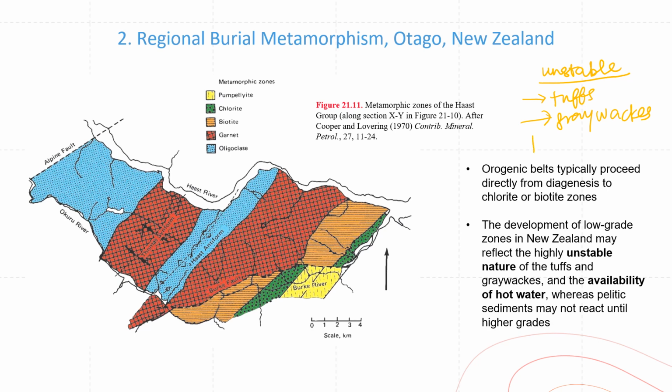Plus the availability of hot water. So this further drove the metamorphism in this area, whereas if they were pelitic sediments, they would have probably not reacted until a much higher grade.